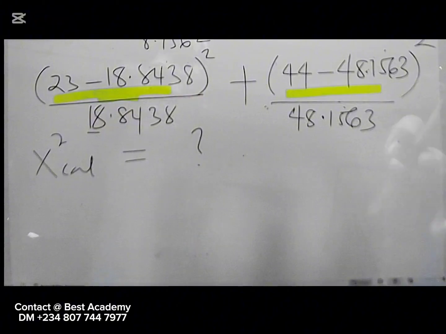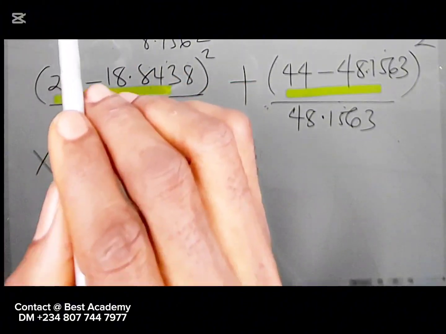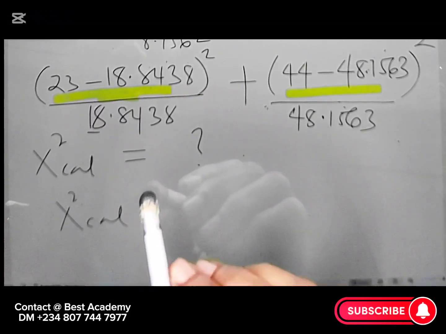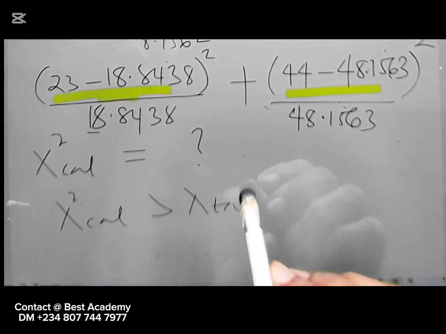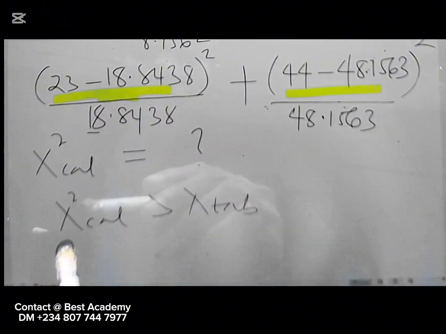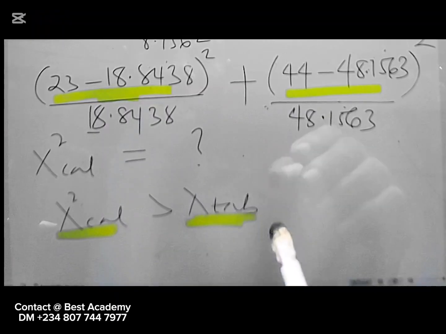Now at this point, class, let's learn how to state hypothesis. Stating hypothesis: if the value of chi-square calc is greater than chi-square tab, this is how to relate these two. This chi-square calc is artificial, this chi-square tab is natural.